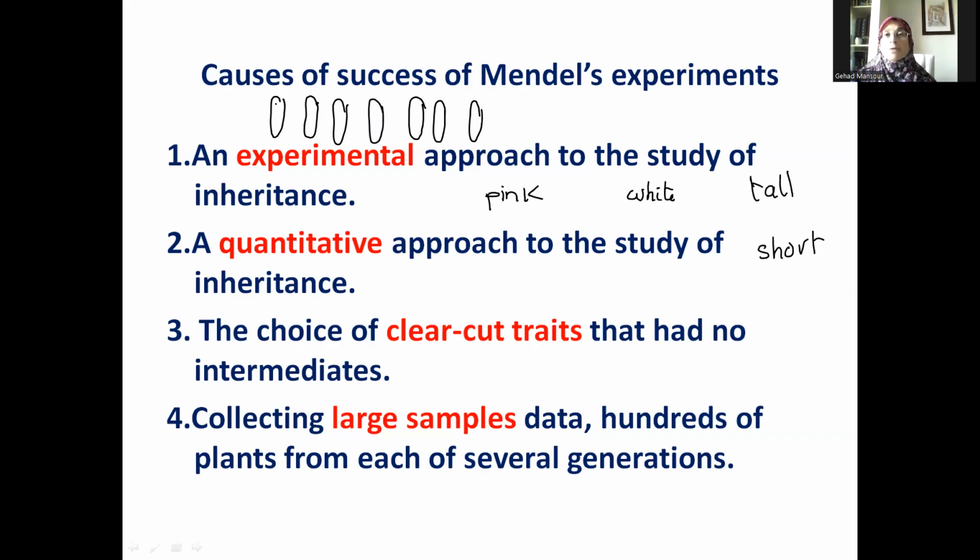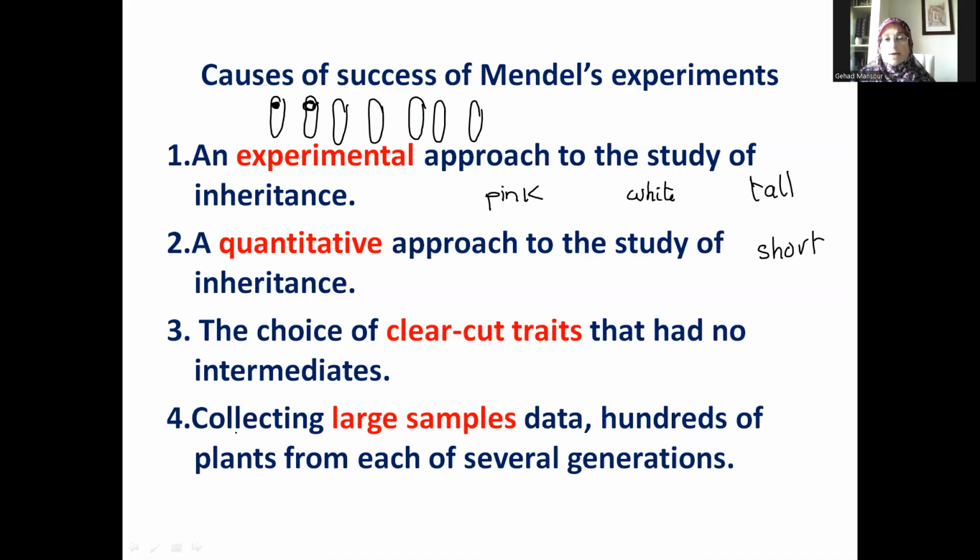For example, the height of the plant was located on one chromosome, and the color of the flower was located on a different chromosome. Therefore, these traits he was studying were unlinked. They were not on the same chromosome, because if they were linked, present on the same chromosome, he would have obtained different results.